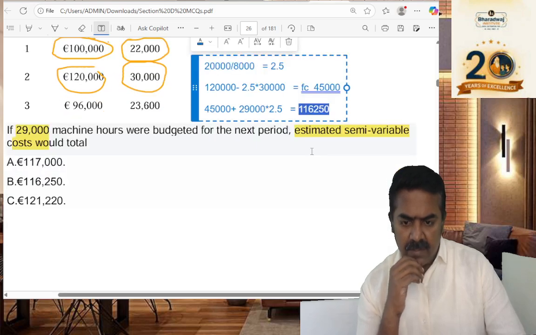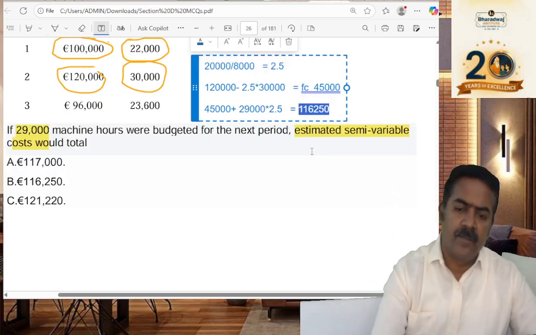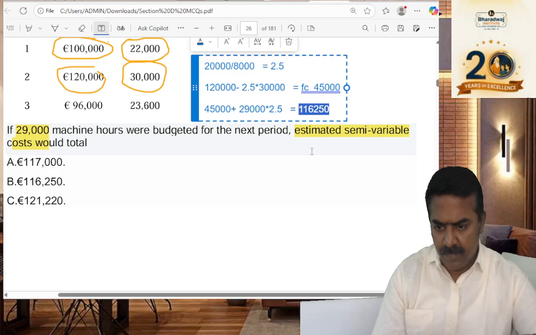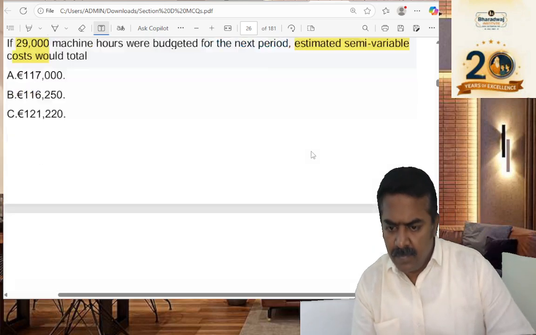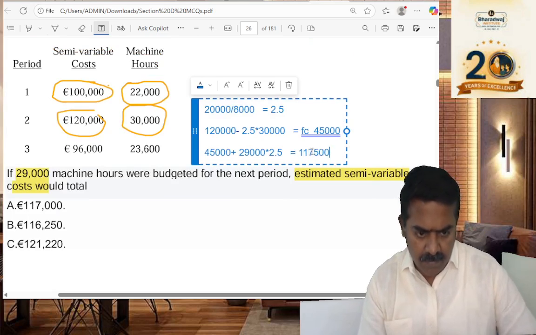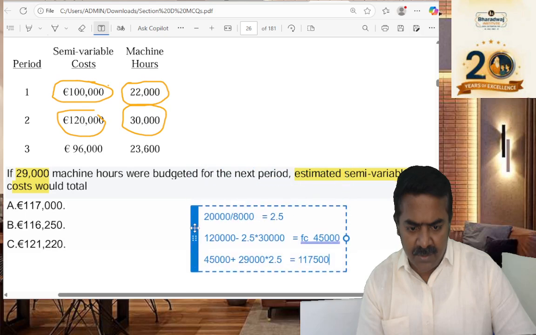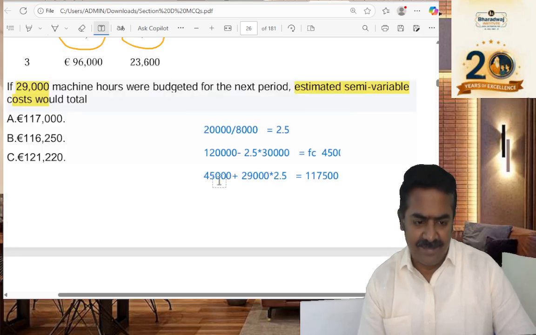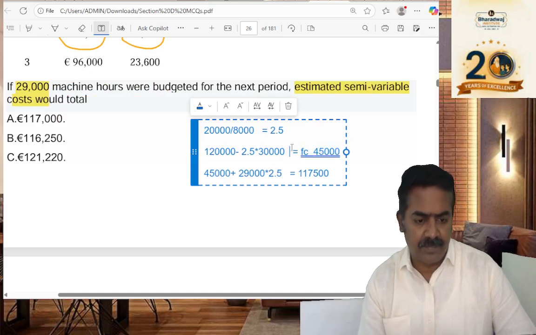This should be the correct answer with the high-low method. How much? 1,17,500. Done.